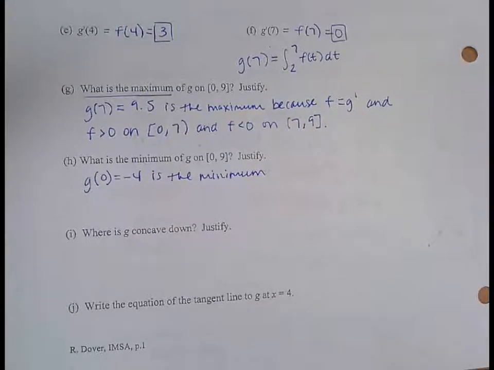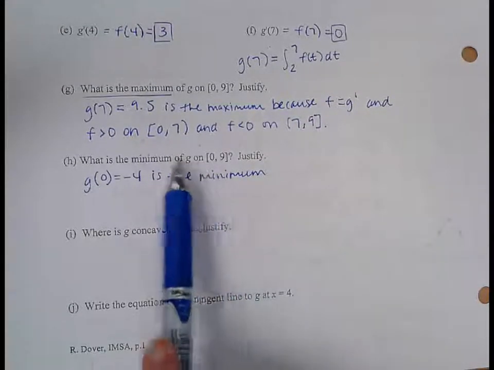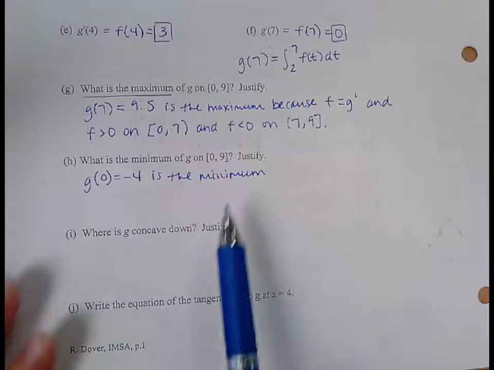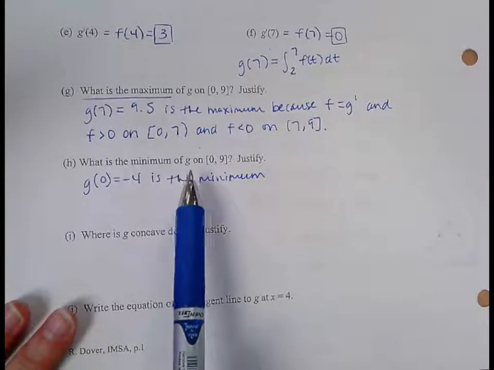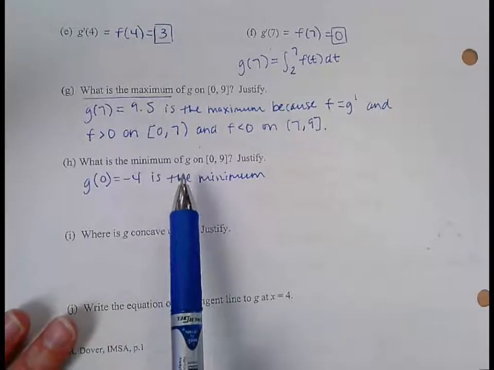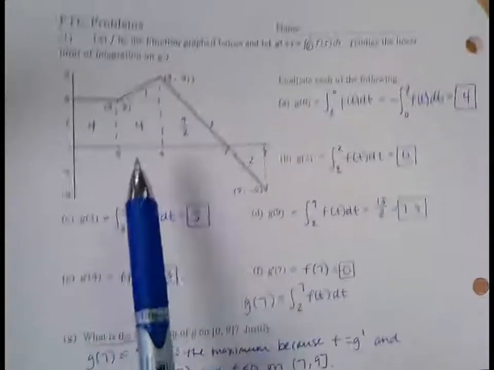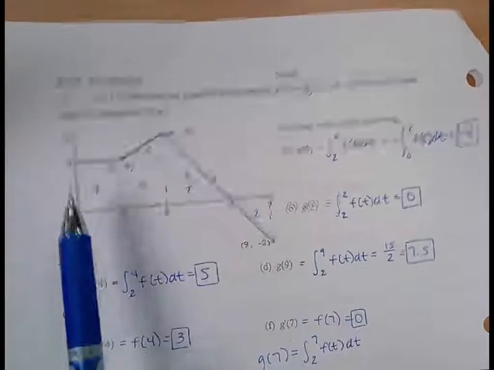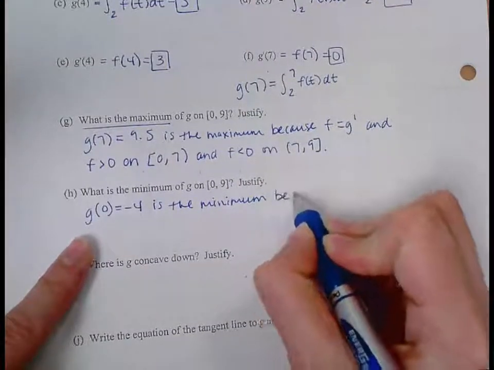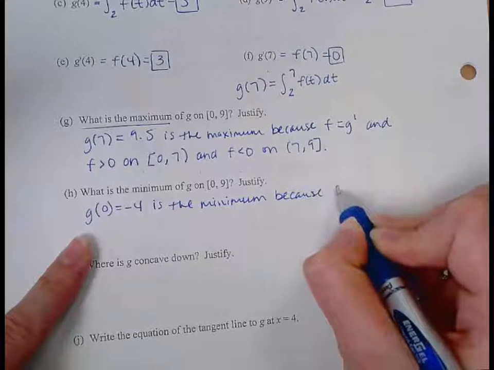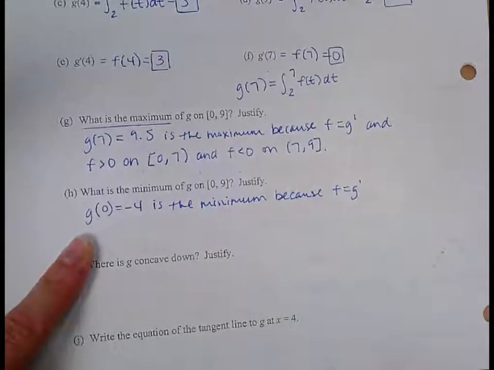I just want to talk about this reasoning quickly with you. It's similar reasoning to up here. What I had said for the minimum, I said because f, again, I know is g prime.